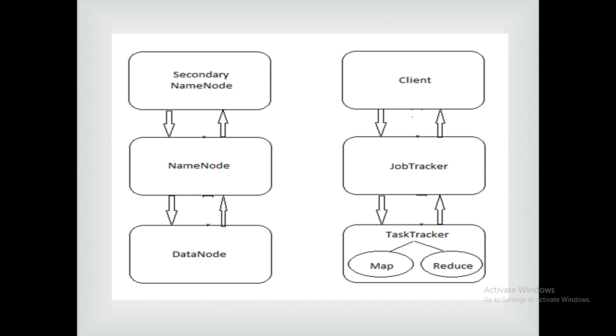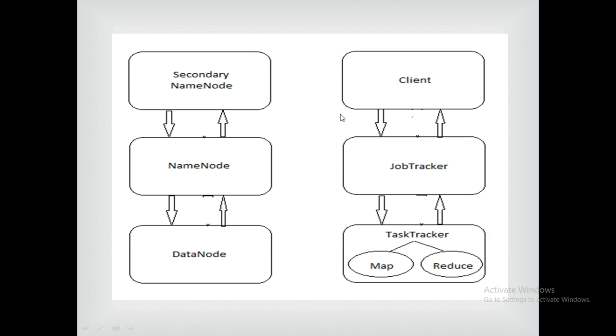As we all know, HDFS is a master slave architecture, and the name node is the master and the data node works as a slave. It performs the task in two steps, that is the mapper and the reducer. These two things are managed by the task tracker. So it is one of the components of HDFS. Again, the job tracker will manage the multiple tasks, and then the client sends the request to the job tracker.